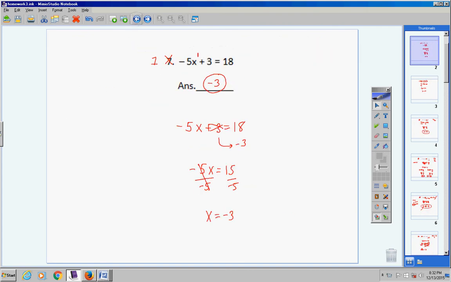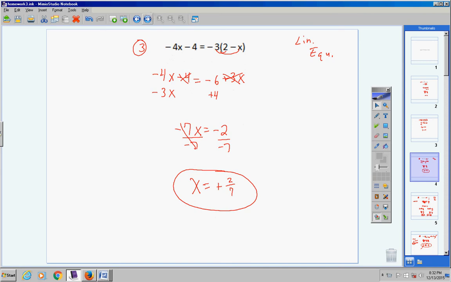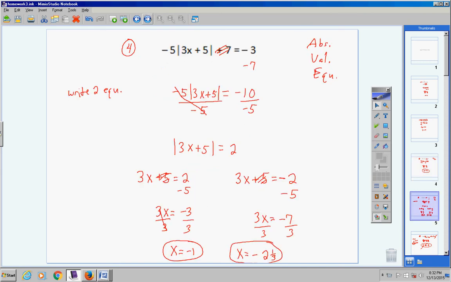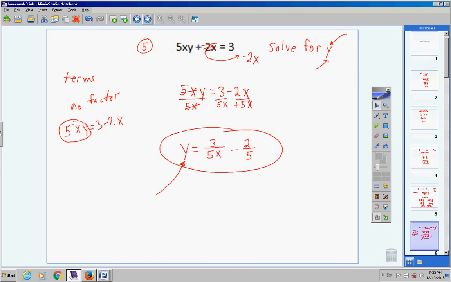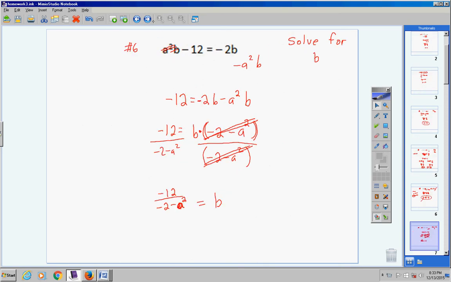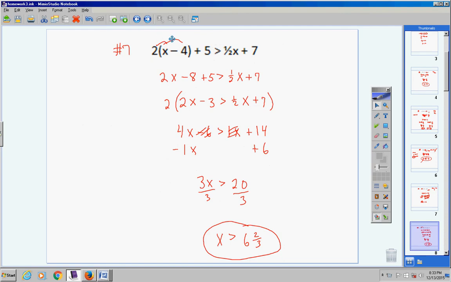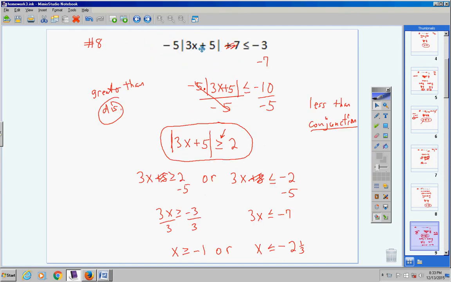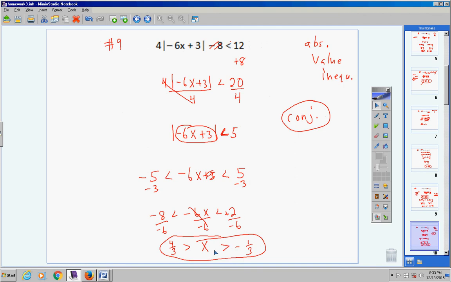Equations, okay? The directions on the test are going to say solve the following equations and inequalities. So we looked at linear equations, problems 1 through 3. We looked at absolute value equations, multivariable equations, linear inequalities, absolute value inequalities when your answer is a disjunction or when your answer is a conjunction.